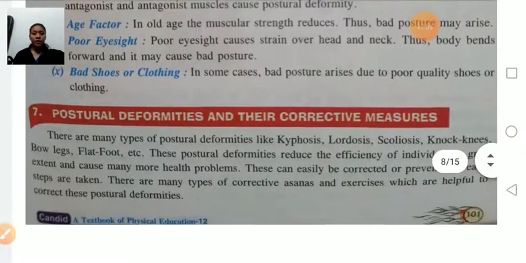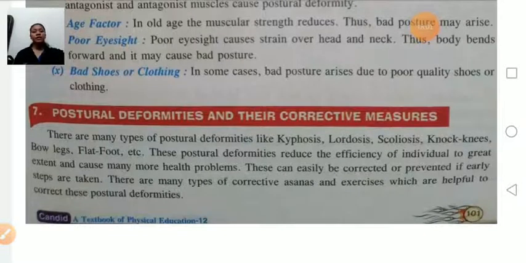Posture deformity and the corrective measures. Posture deformities like kyphosis, lordosis, scoliosis, knock knee, bowleg, flat foot, etc. These posture deformities reduce the efficiency of the individual to a great extent.